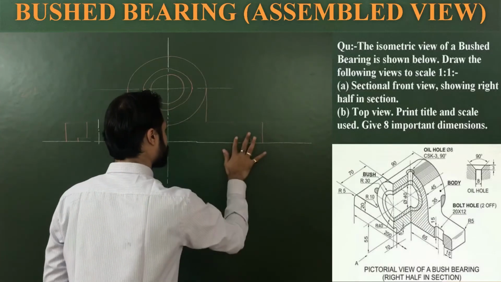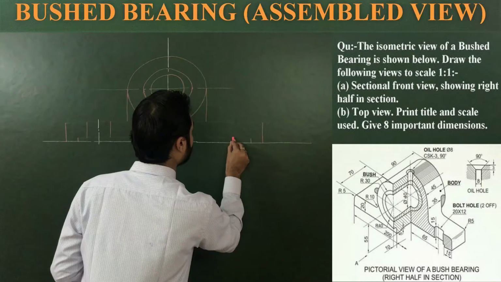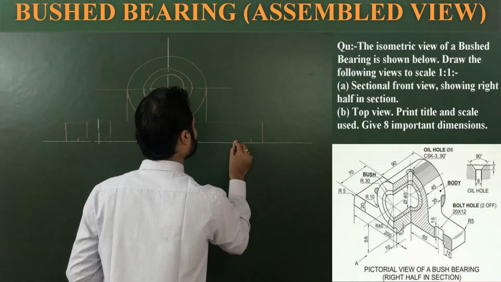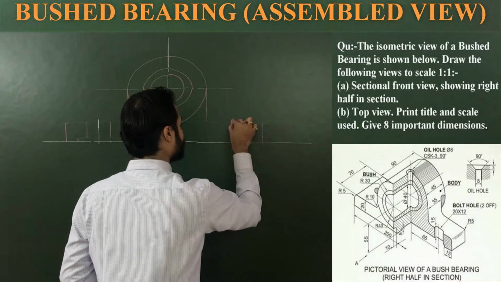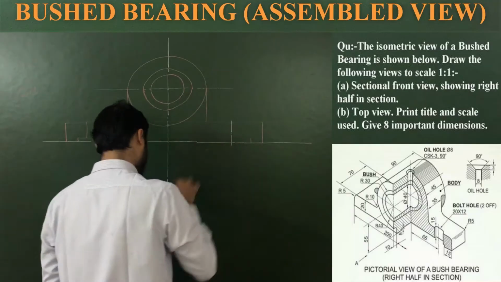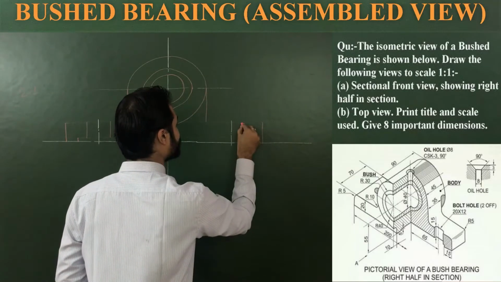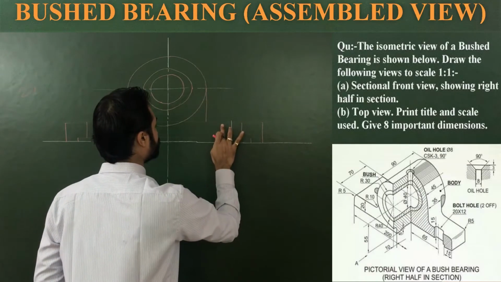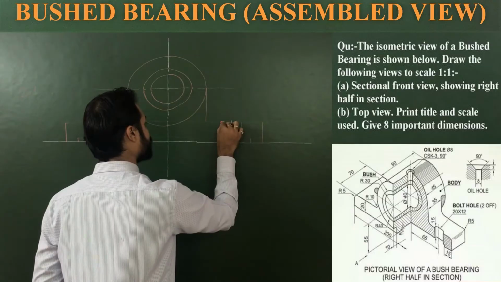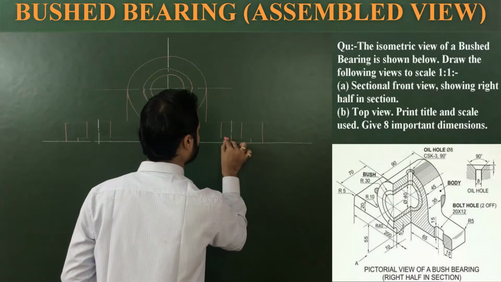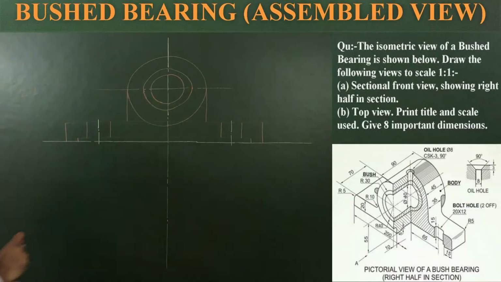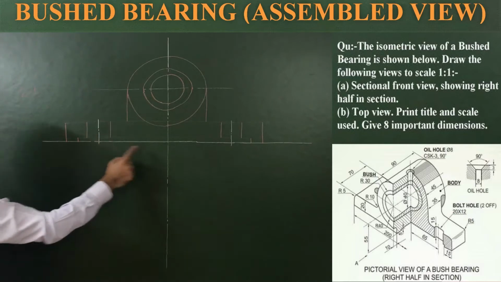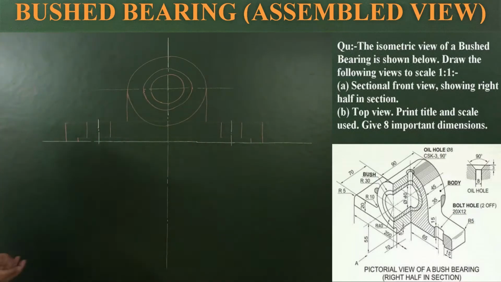I am modifying it because in my case I don't have a second choice, but in your case please use a scale and take correct dimensions and measurements for construction. Okay, better. So bolt hole from the center, 10 plus 10 total is 20.